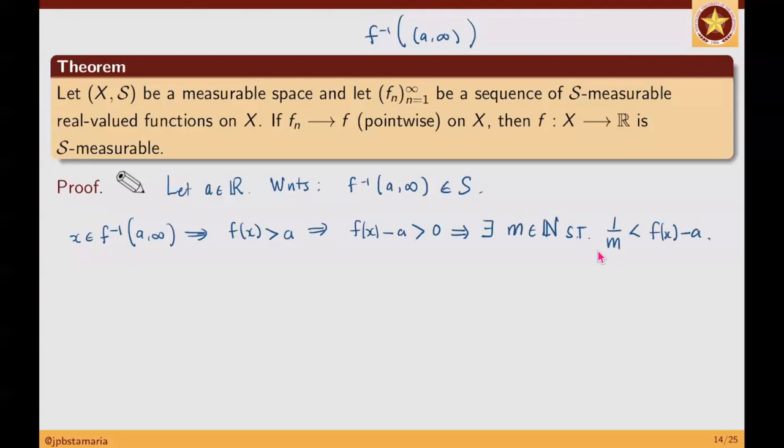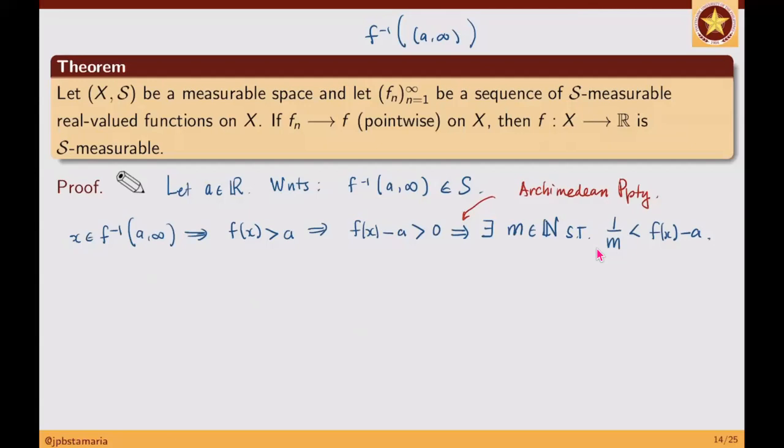So no matter how small f of x minus a is, because it is positive, some number of the form 1 over m will be smaller than f of x minus a. Right? This is called the Archimedean property, one of the versions; there are many versions, and this is one way to write it. Okay?